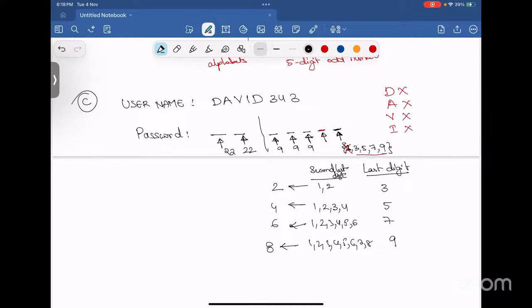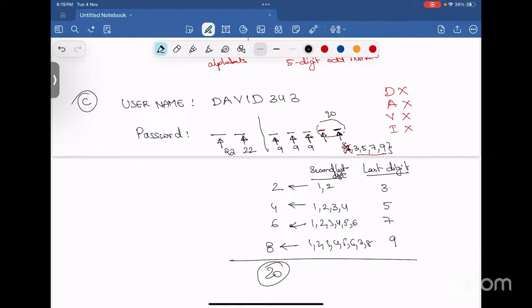All these are possibilities. So the total number of possibilities for the last two places is 20.